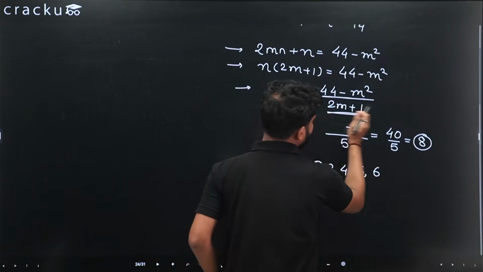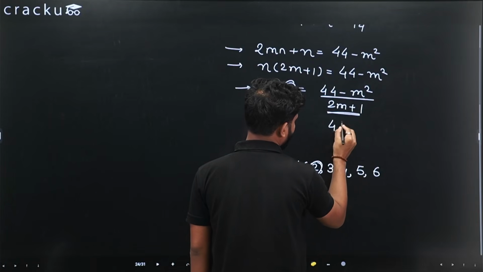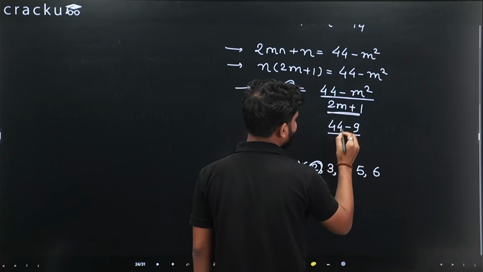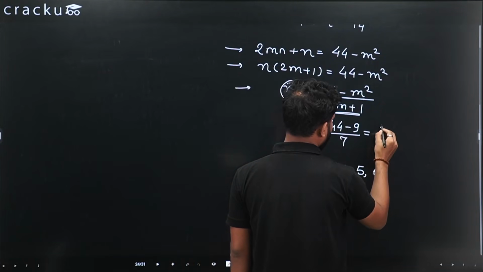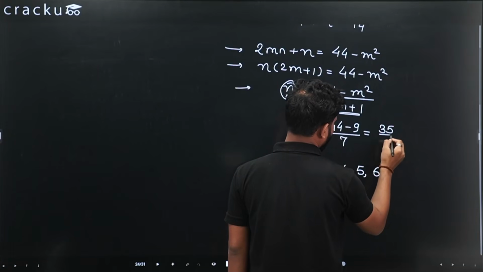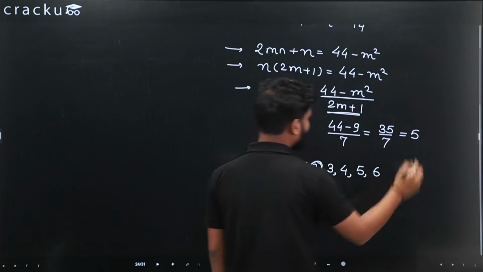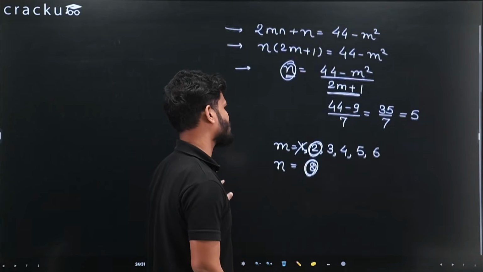Right? Let us try for m is equal to 3. So 44 minus 3 square, which is 9, upon 3 into 2 is 6, 6 plus 1 is 7. 44 minus 9 will be 35. 35 by 7 will give you 5. Is 5 a positive integer? Yes, 5 is a positive integer.